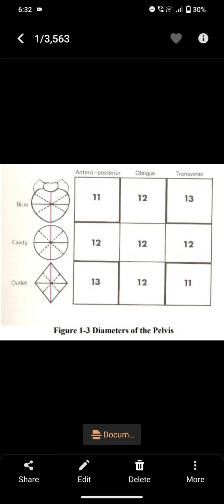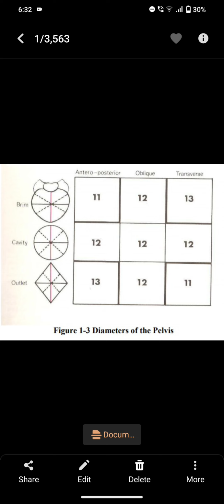Now this is a small trick to remember the diameters of the female pelvis, which is just to mug up everything there in the box. The numbers are really easy: 11, 12, 13, 12, 12, 12, 13, 12, 11. So the brim in anterior posterior is 11, in oblique is 12, and in transverse is 13.